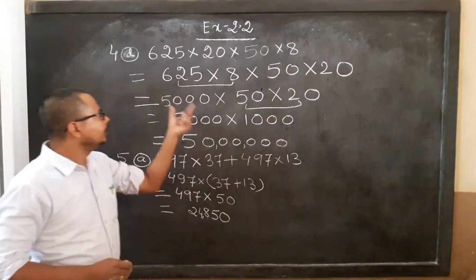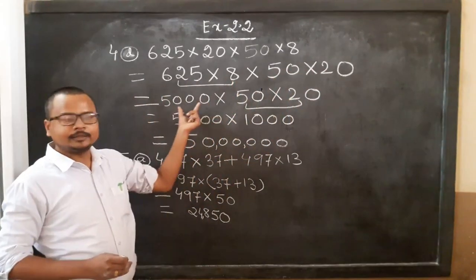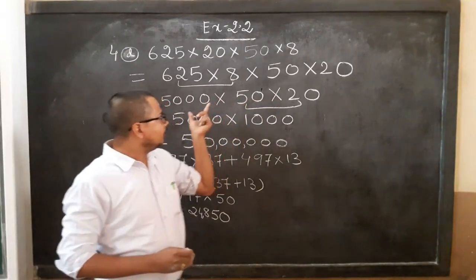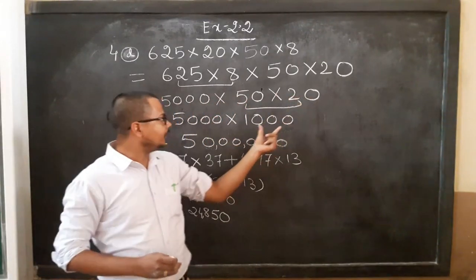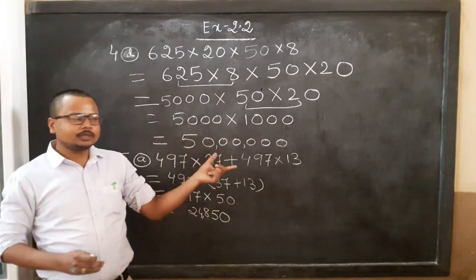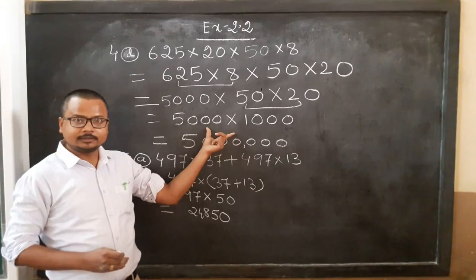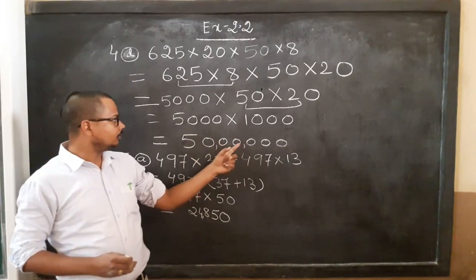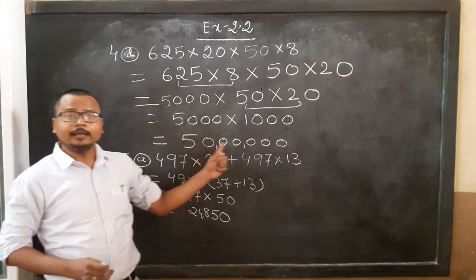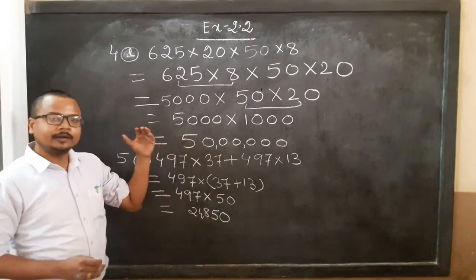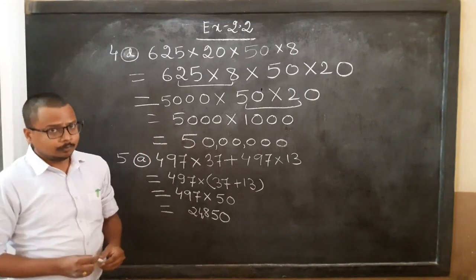Let us check. 625 into 8, we get the answer 5000, and 50 into 20, we get the answer 1000. Now it is easier for us to multiply these numbers. Okay, so our final answer will be 50 lakh. Okay, so in this way we can rearrange the given digits and can find the products.